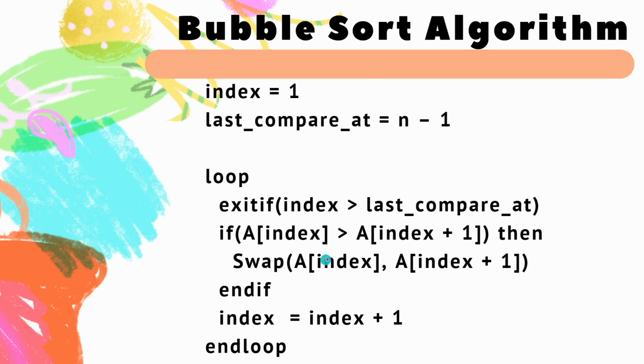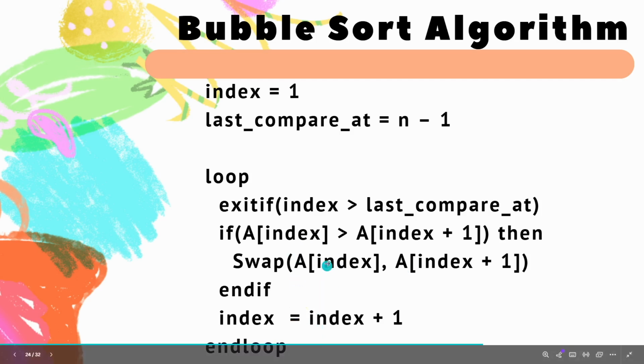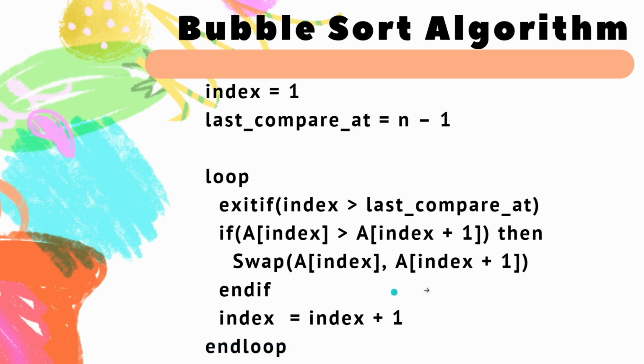Otherwise, we check the element at index and the element at index plus 1. If the element at index is greater than the element at index plus 1, then we do a swap, otherwise we ignore. That is what we have written here, and every time after doing this comparison we advance by one position, so index equals index plus 1. We will be repeating it n number of times to put all the elements in a sorted manner.